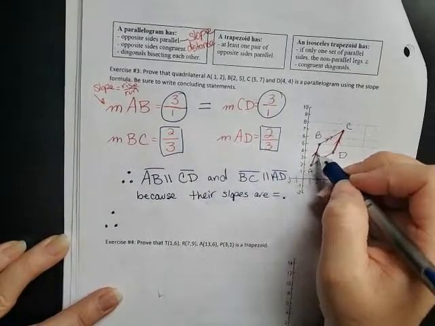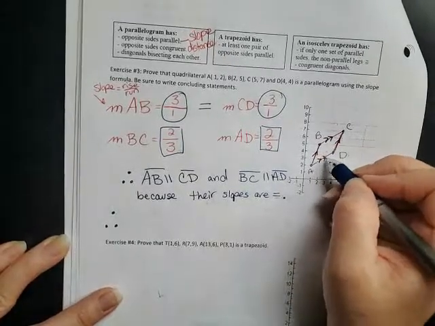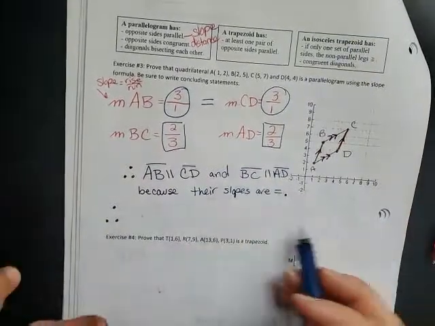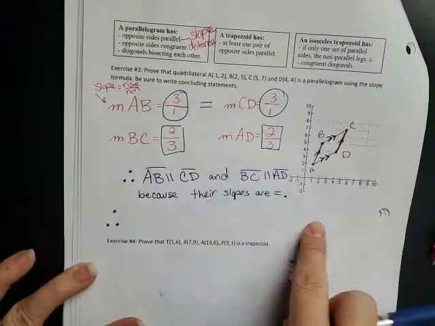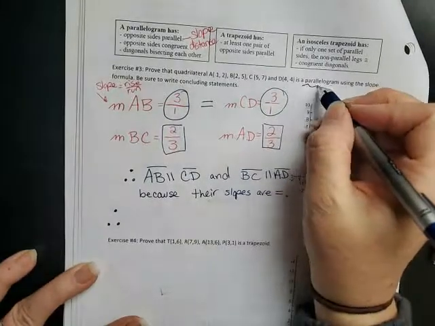Well, if I have opposite sides here being parallel and opposite sides there being parallel, then I know it's a parallelogram. So that's what our last statement here is going to say. We had to prove it to be a parallelogram.